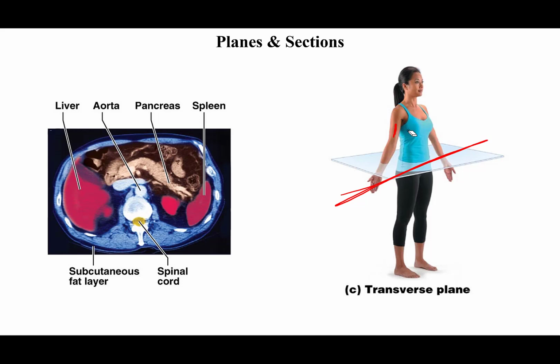Or if something really bad happened and I really need to amputate her whole arm, then I would make a transverse cut like that.